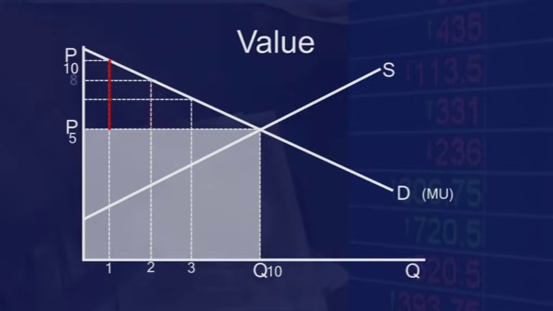This second unit was only valued by the consumer at, let's say, €8. But he only had to pay 5. He got some consumer surplus, not so much. The difference between 8 and 5 is the €3 worth of surplus of value above what he actually had to pay.